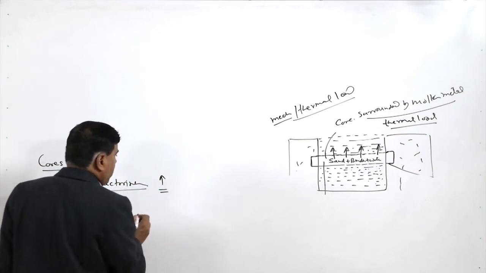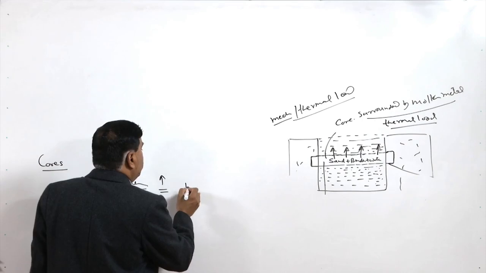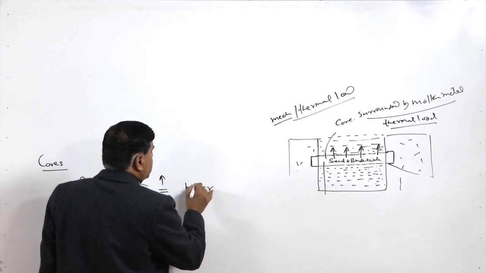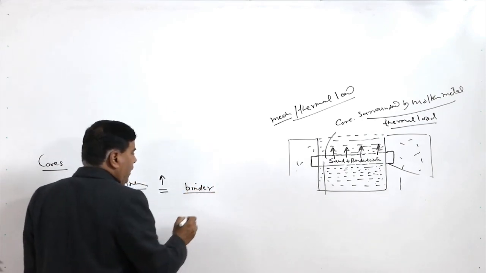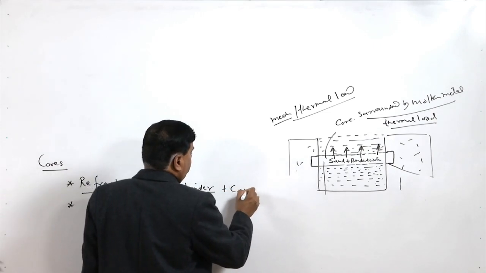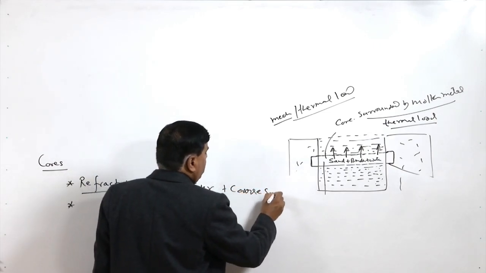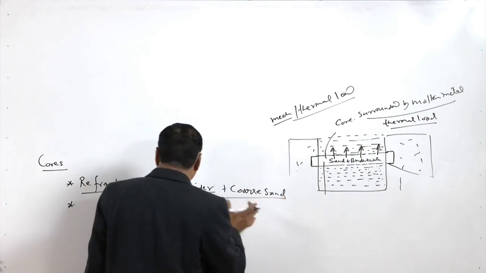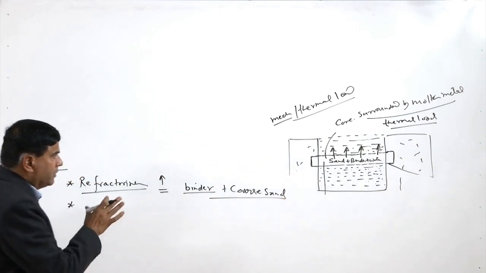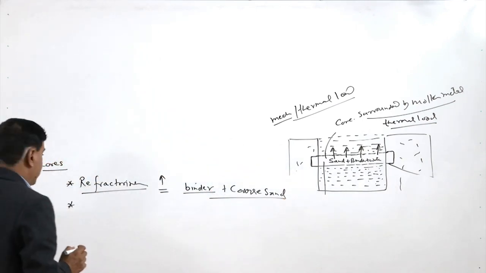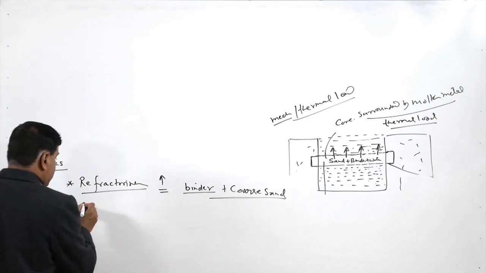Normally for this purpose special binders, not just clay, are used, and coarse sand grains are used so that better refractoriness of the core can really be realized.